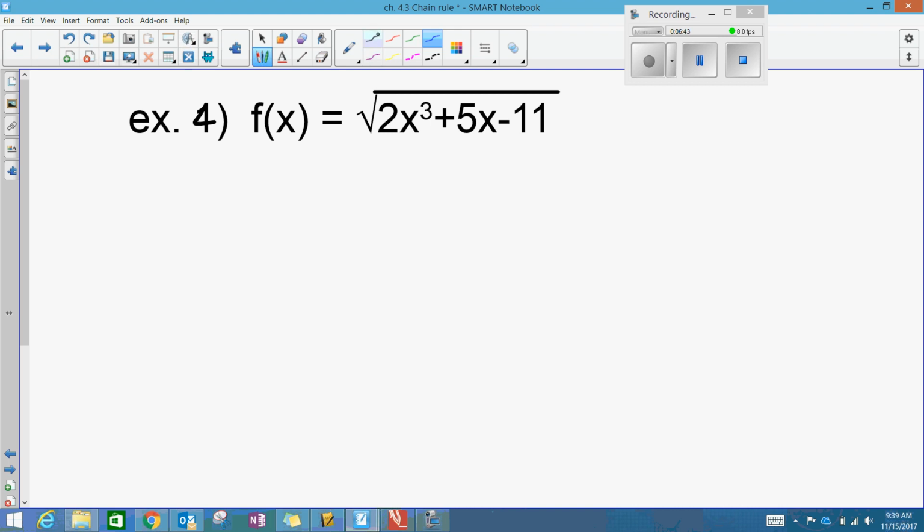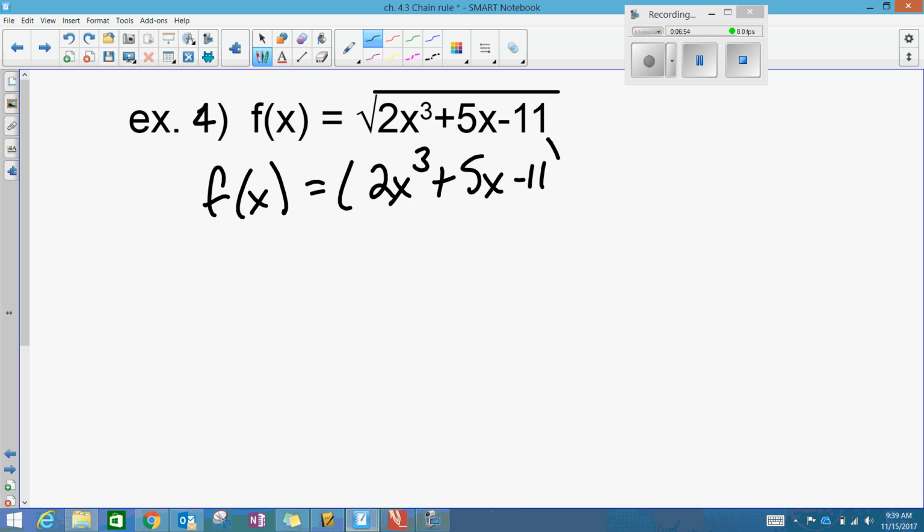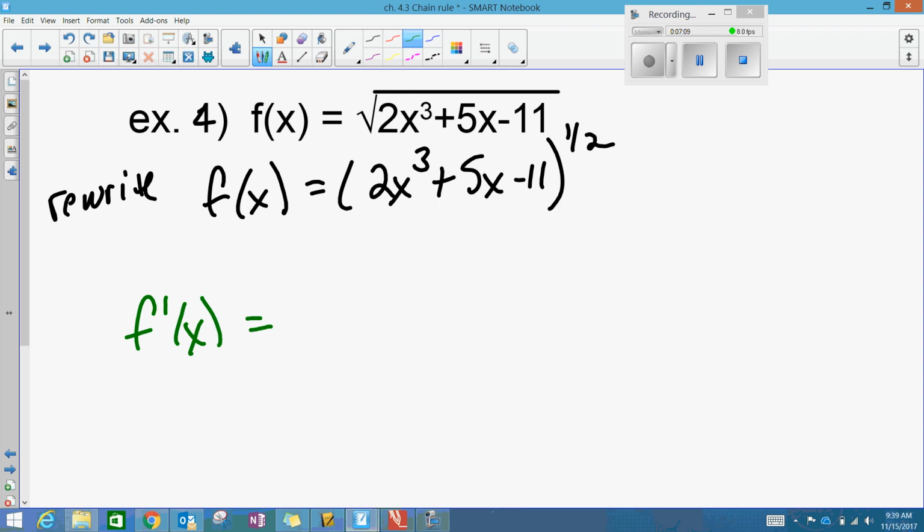So when we look at this one, everything's under the radical. So first, let's rewrite that. Again, I'm not taking the derivative right here. I'm just rewriting this whole expression to be to an exponent, which in this case is 1/2. Okay, so again, this was just a rewrite. Now I go to the derivative, and in this outside function I'm going to use the chain rule.